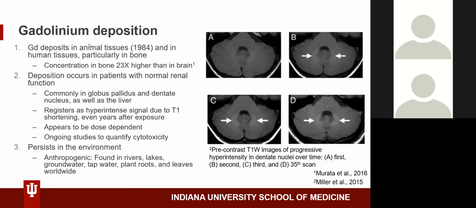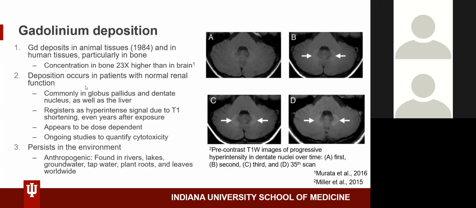All right, so first off, we'll talk about gadolinium deposition. We've known for decades that gadolinium deposits in animal tissues and in human tissues, particularly in bone, which makes sense given that gadolinium is a calcium analog. Concentration in bone can be over 20 times higher than in the brain.